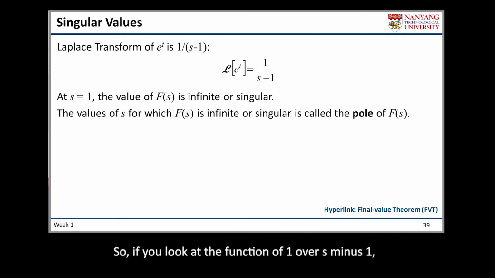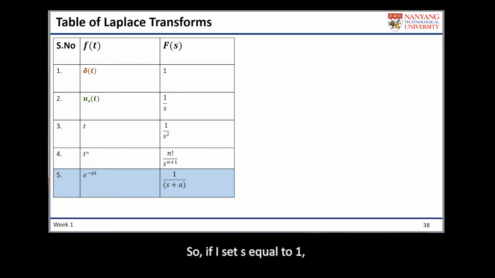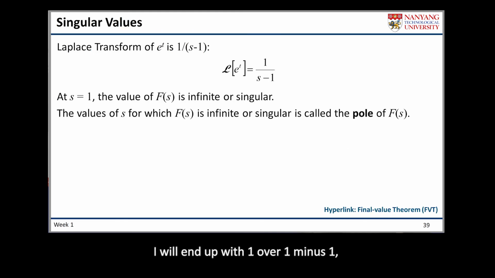If you look at this function 1 over s minus 1, a pole is a value of s that will cause this function to be infinite or singular. So if I set s equal to 1, I will end up with 1 over 1 minus 1, or 1 over 0, which is infinite.